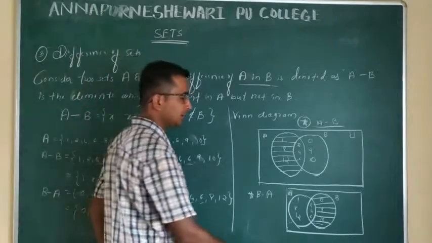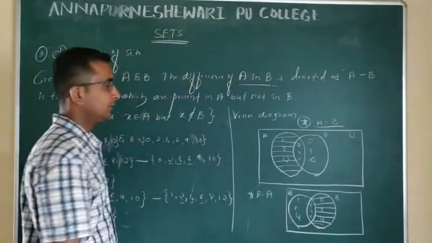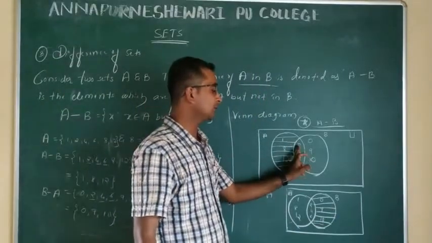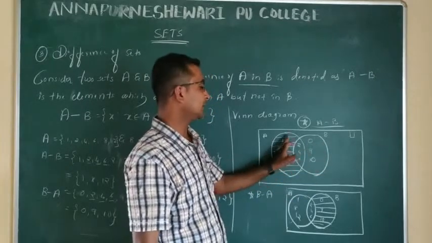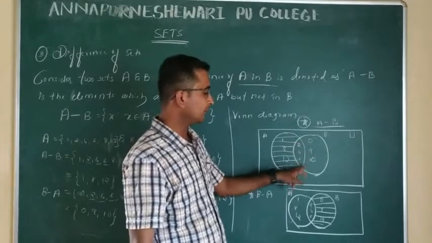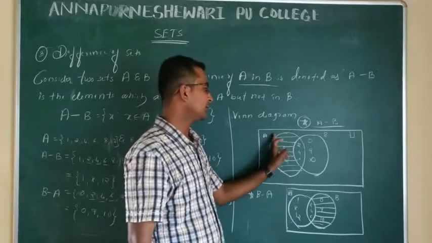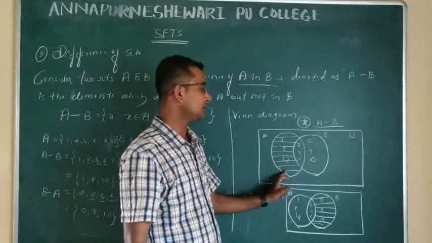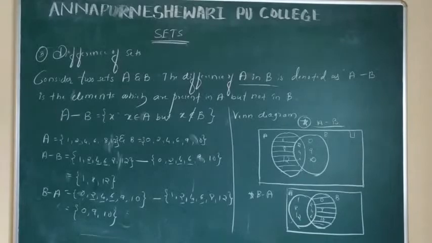So we have to mark only the portion of set B. Here, look at A minus B: I have not taken the common elements, because if taken, they were present in set B. So leave the common elements and make the lines only for the portion of A. This is the Venn diagram for A minus B as well as for B minus A.